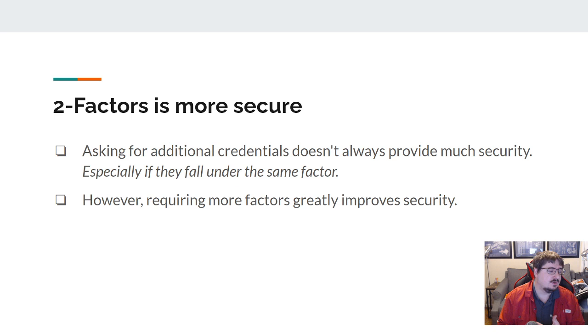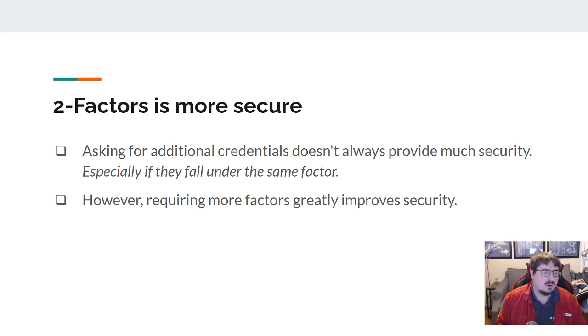So in general, using 2 factors is a lot more secure than just using 1 factor. If we add more credentials, but they're all from the same factor, they're all just knowledge questions, we really don't get a whole lot of security. If somebody has access to your records, and they know where you were born and the cars that you've had, especially from a government agency point, adding additional knowledge checks doesn't really add much security because they know everything about you.